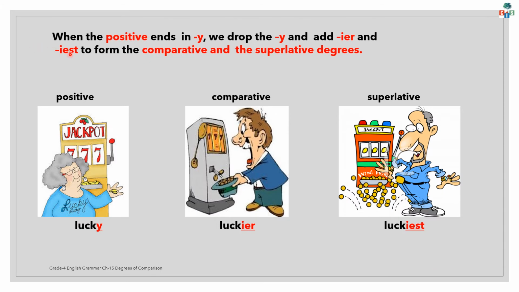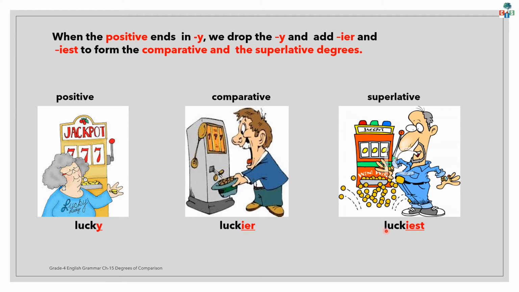When the positive ends in the letter Y, we drop the letter Y and add IER and IEST to form the comparative and the superlative degrees. For example, lucky. This adjective is in the positive degree and it ends in letter Y. And when you want to change the form into comparative degree, just drop the letter Y and add IER, luckier.